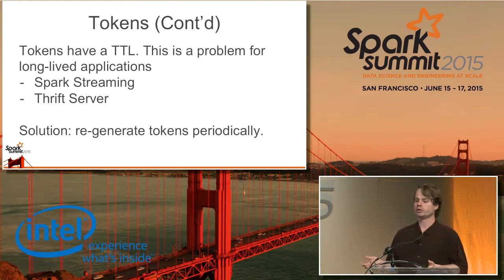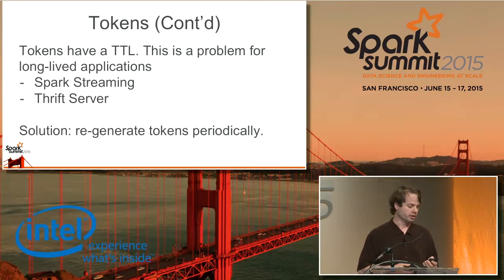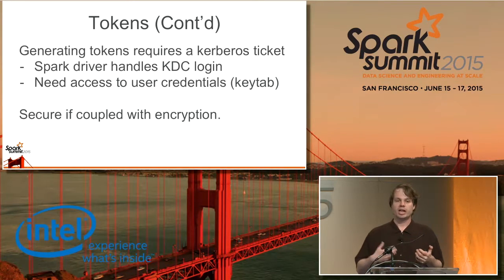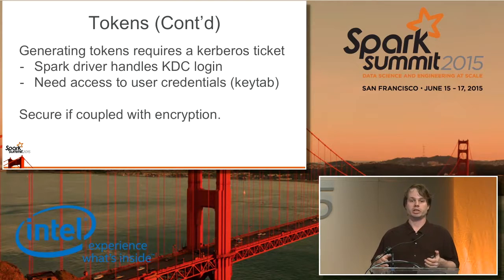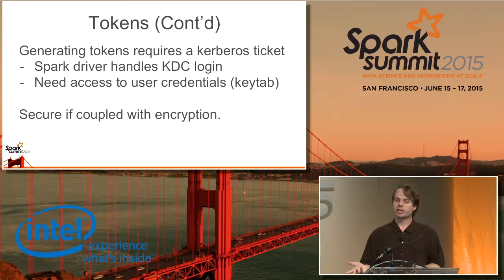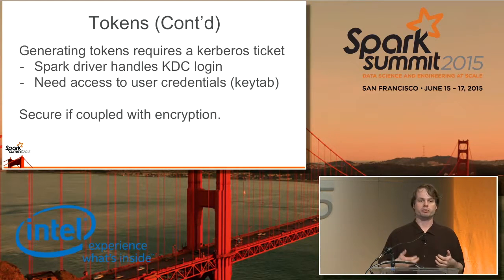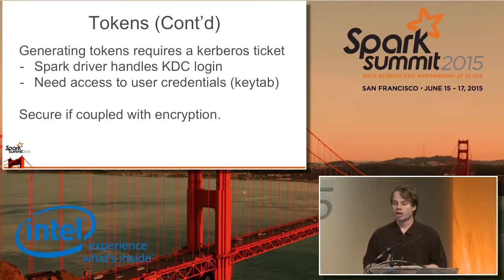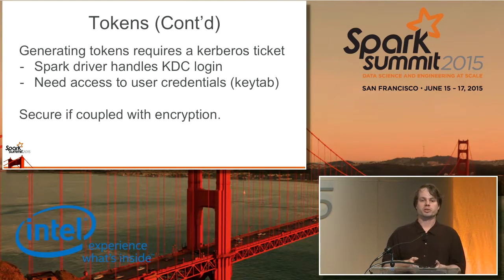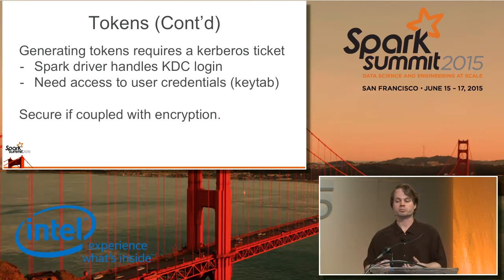So the solution here is to regenerate the tokens periodically. The way this is done is that the actual application running, in this case the driver, relogs into the KDC every once in a while and requests new delegation tokens from the services and distributes them to the executors. This was not possible with Spark 1.3 because you had no mechanism to redistribute the user credentials to the cluster.